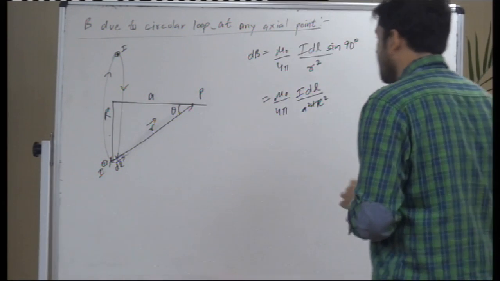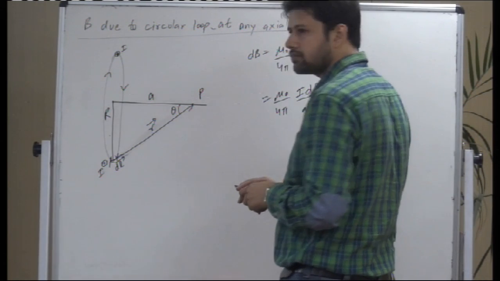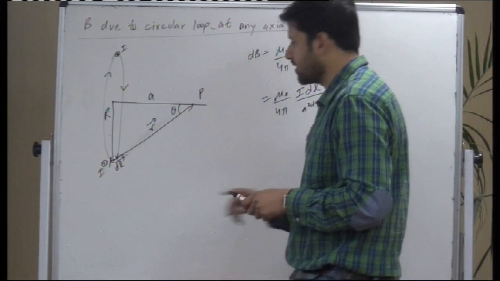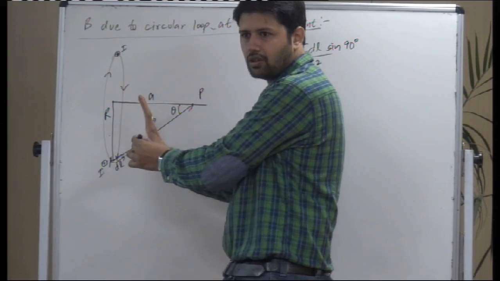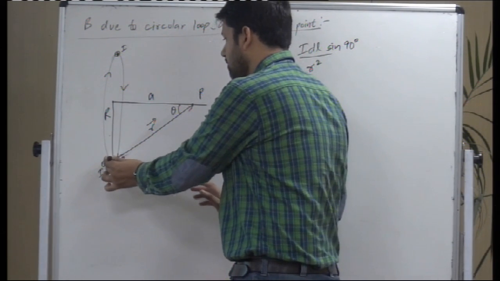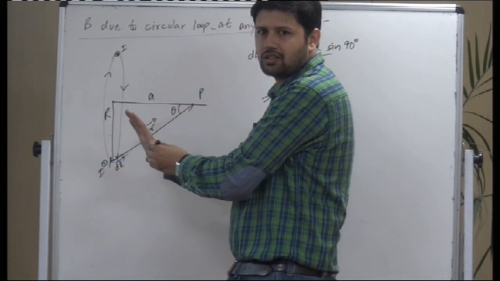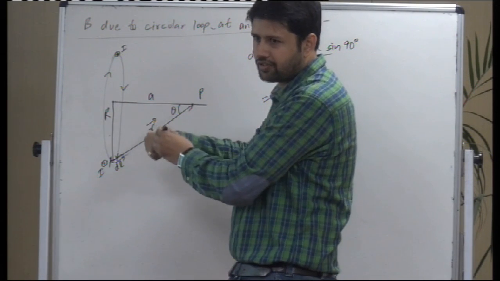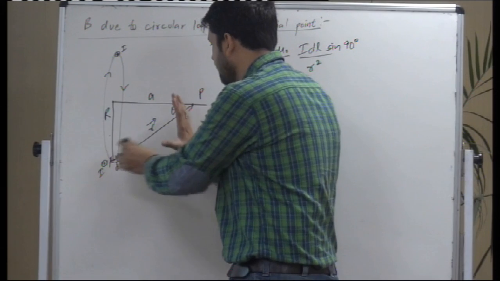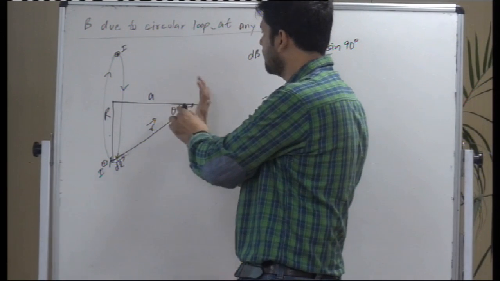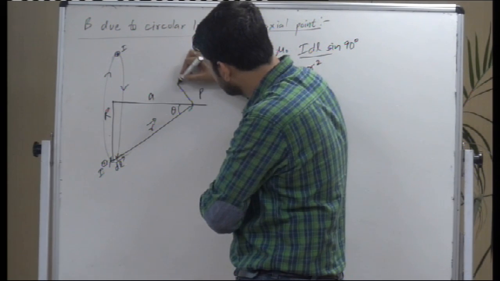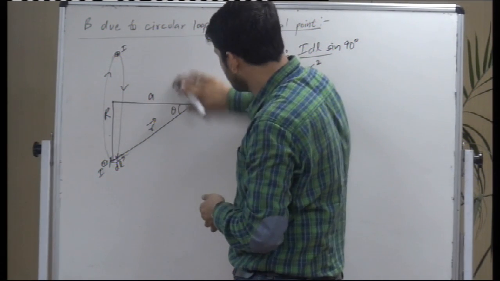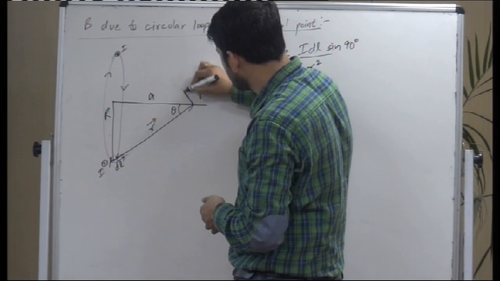Now let's check the direction for this small element dl. You remember the law: keep your thumb along the current and curl your fingers. So for this element the field would be perpendicular to r and in this direction.